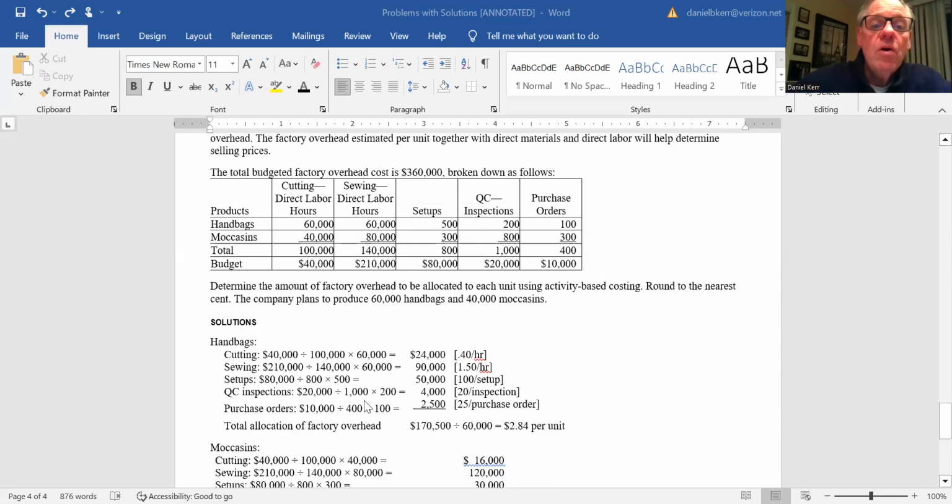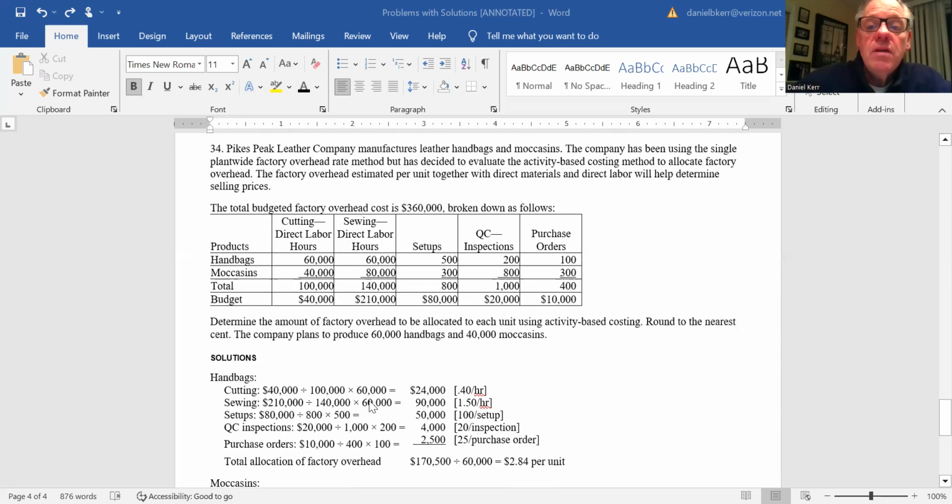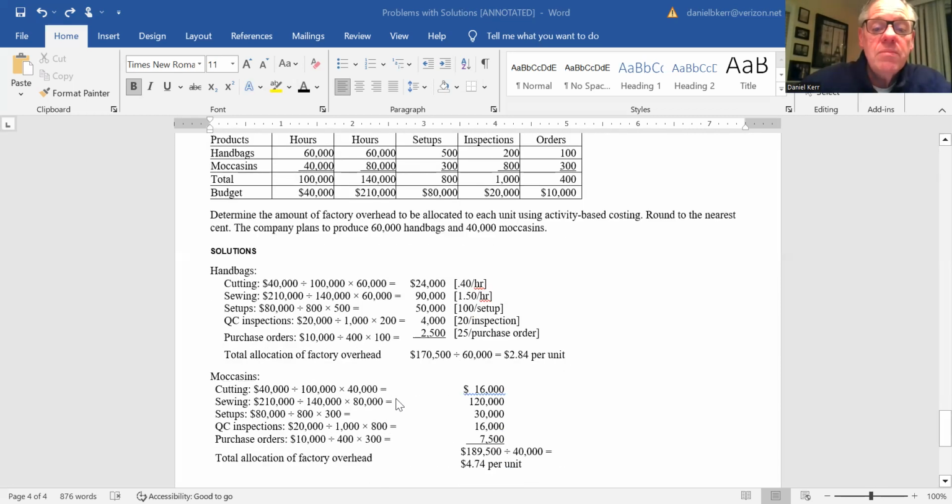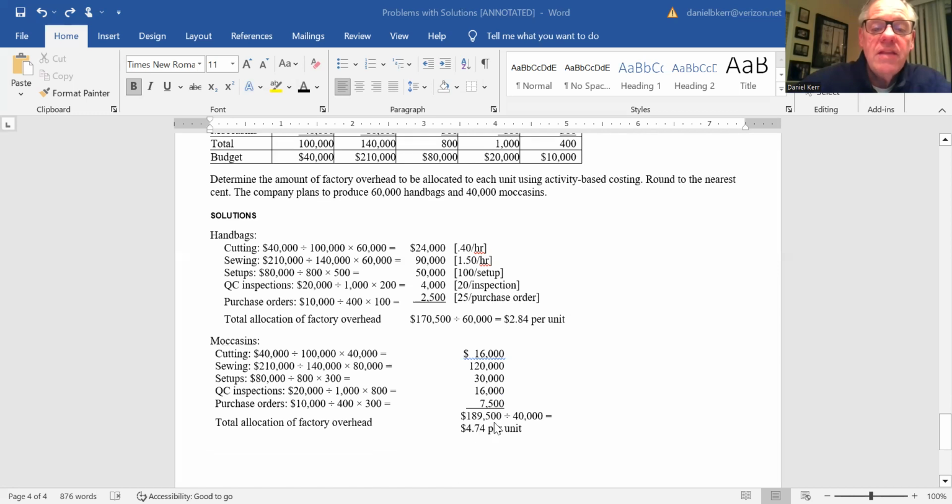And then here you use the same ratios. But here, with regard to the moccasins, we made 40,000 moccasins. So the 40,000 moccasins, you take 189,500 divided by 40,000. Here's your number here: 60,000 handbags, 40,000 moccasins. So 189.5 divided by 40,000 gets you 474.